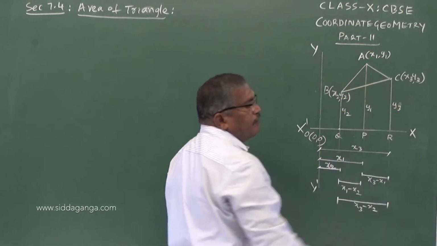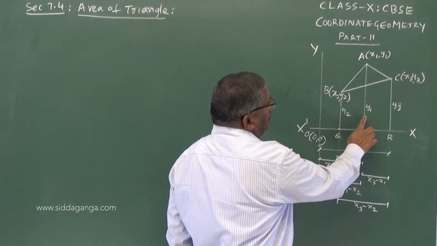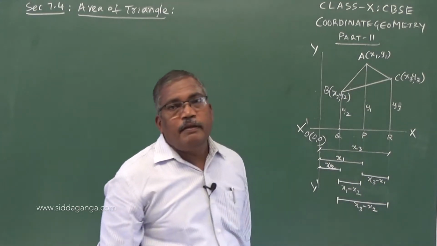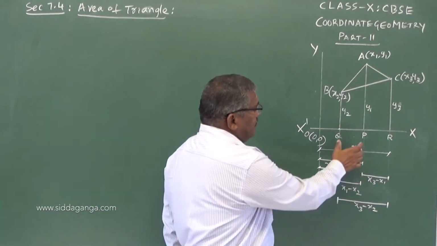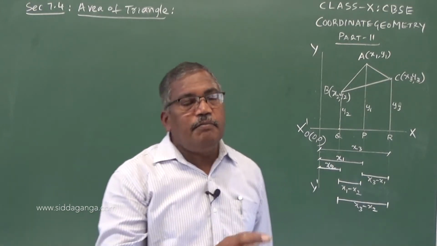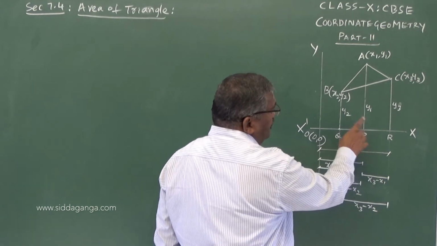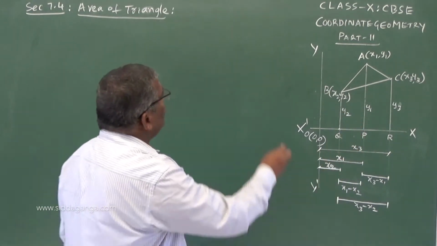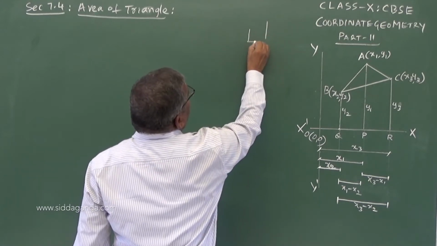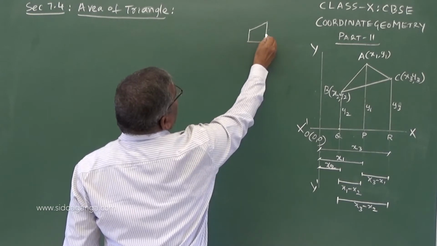You know the trapezium formula: the sum of two parallel lines multiplied by their distance and divided by 2. If you have a trapezium like this, these two are parallel lines.